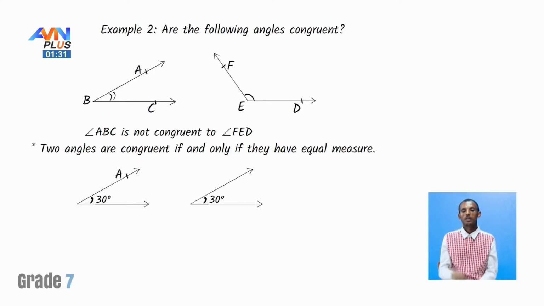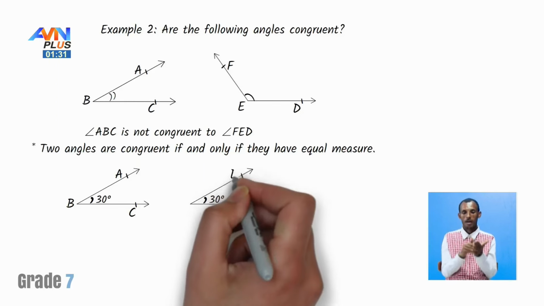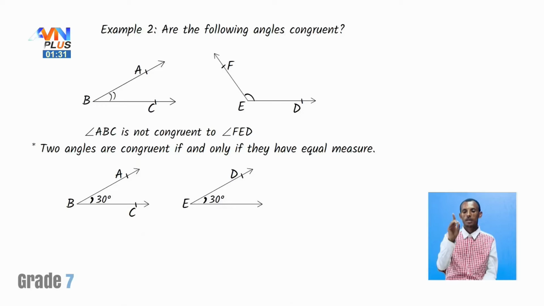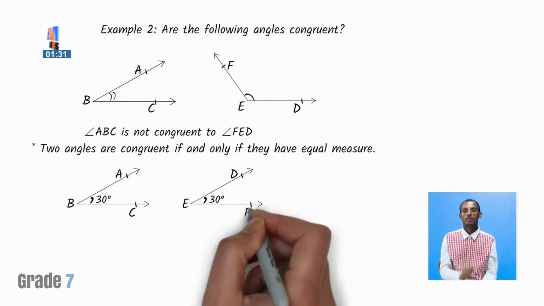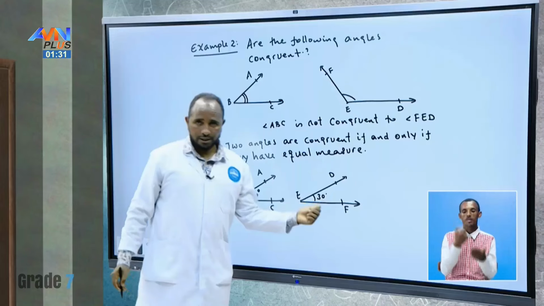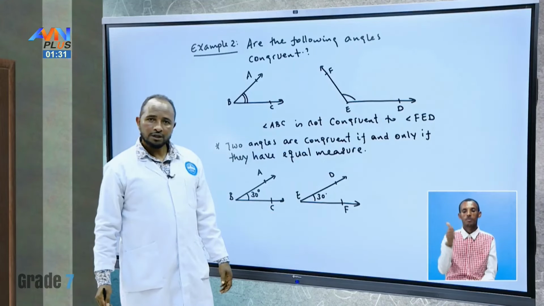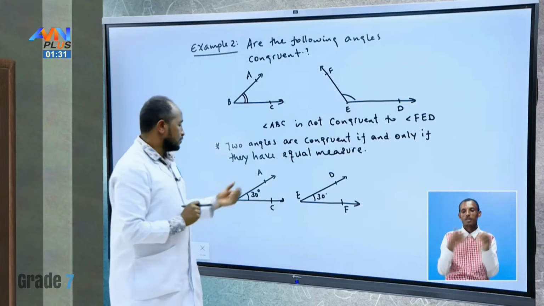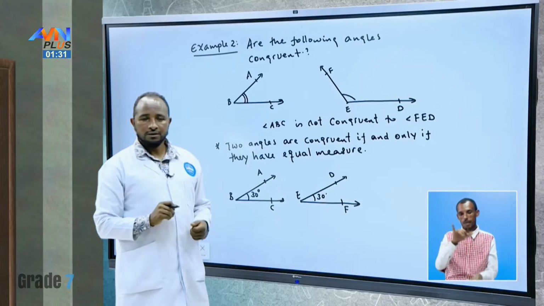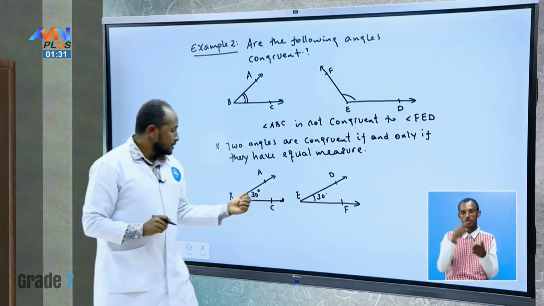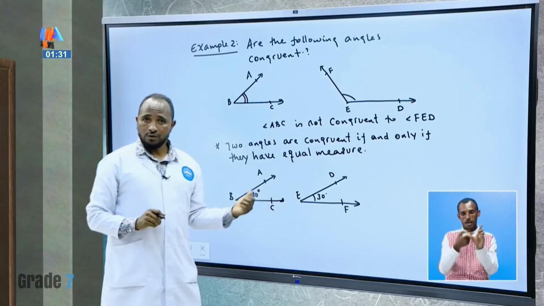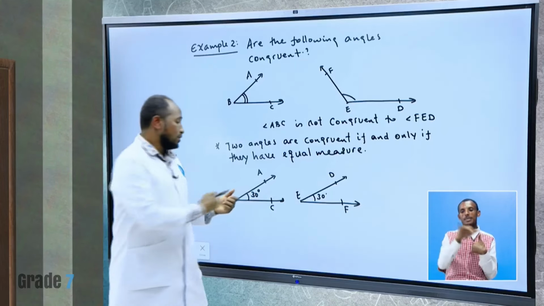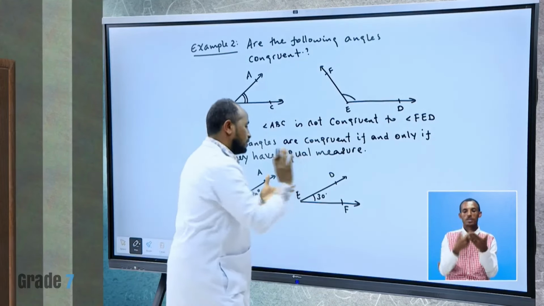So here, let's name this one angle ABC, and this angle DEF. Are these two angles congruent? That means this angle fits on this one completely if you move it on this one? Yes, in this case, as you can see, the two angles are congruent. They have the same measure. So if you move this angle on this one, it exactly fits.